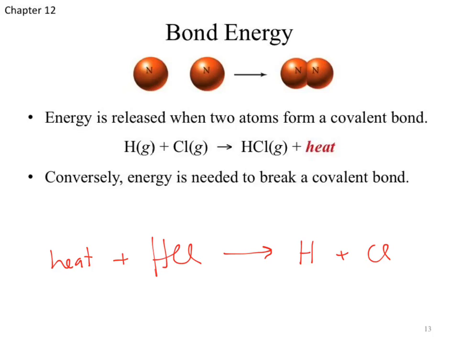So heat is a reactant. It's needed to break that bond. If heat's a reactant, how could we describe that? Up here we could say heat was released. What's happening in our other equation? Heat is absorbed or added to the reaction.